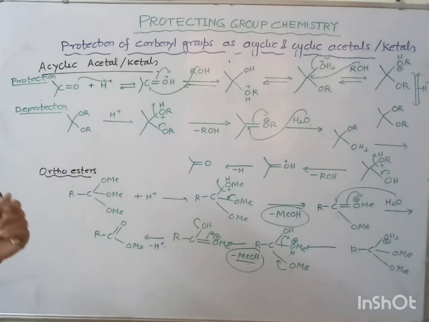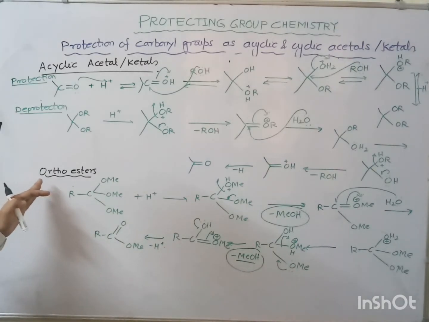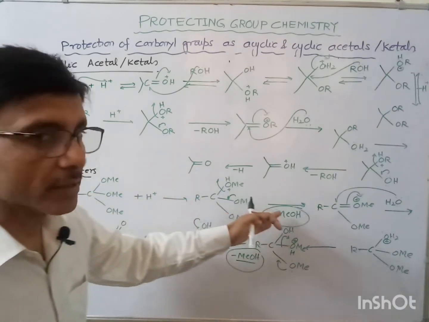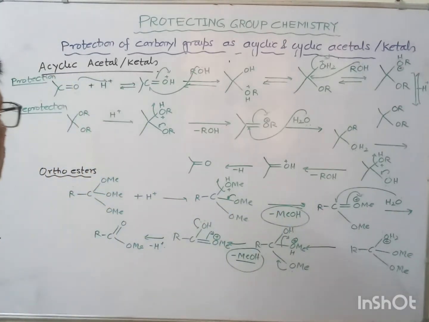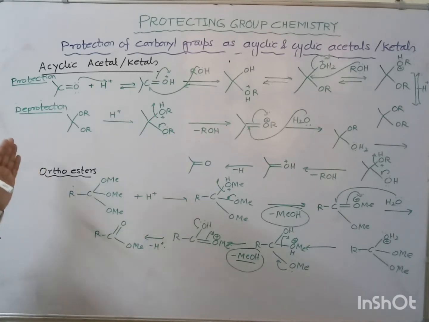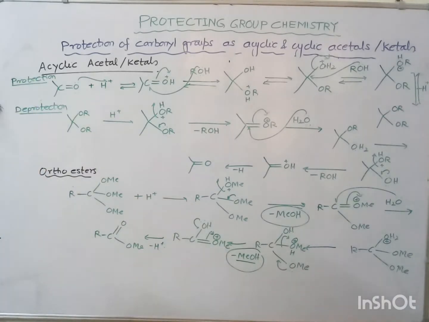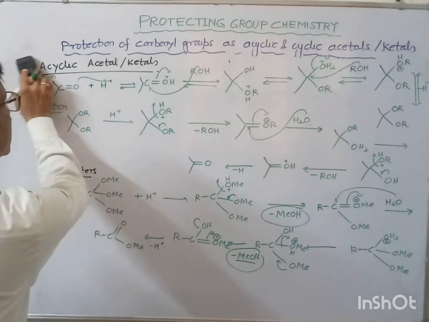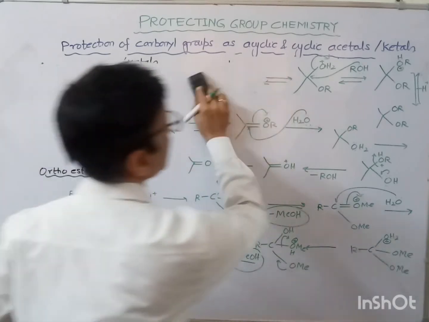So like this. This is the mechanism for converting these orthoesters into two molecules of alcohol that will act as protection for these carbonyl compounds. Okay, so let's see the cyclic acetals and ketals now.